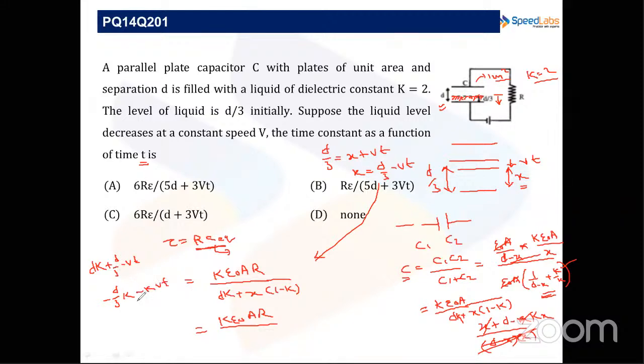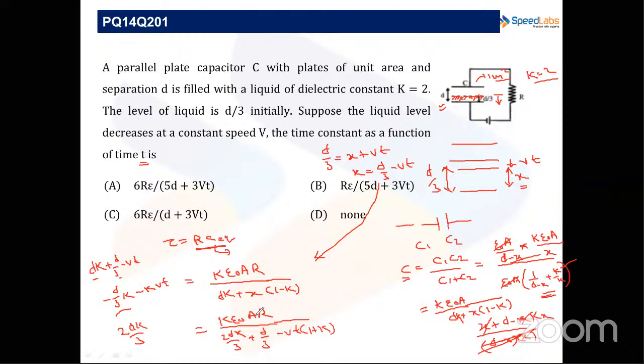Now यहाँ पे कुछ चीजें सिंप्लीफाई हो रही है. dk minus dk by 3 that is 2dk by 3, and this is d by 3 plus d by 3, and minus vt minus kvt. So minus vt times 1 plus k, right?